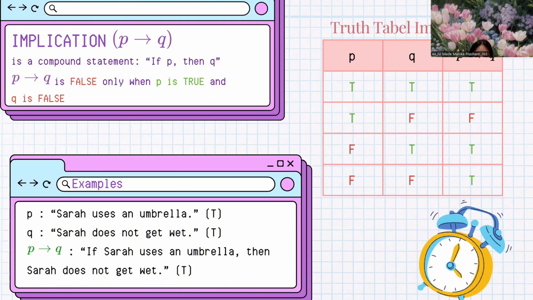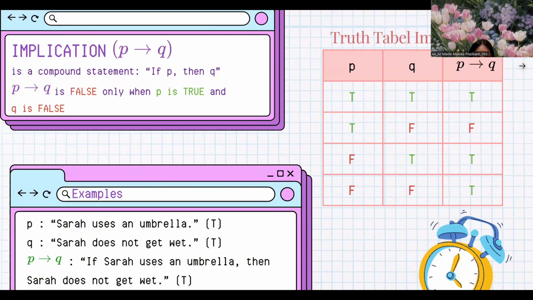An implication is only false when the first part, P, is true, but the second part, Q, is false. Let's look at the truth table. The second row: true, right arrow, false. This is the broken promise scenario. If the condition happens but the result doesn't, the statement is false.